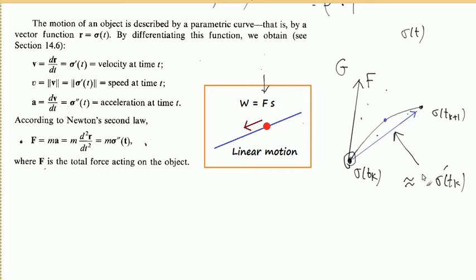What's a good approximation? We use that to calculate the arc length. This was delta t_k. Delta t_k is a time interval in there, right? If you multiply by the time interval, think about how this one is defined. This one is defined by sigma of t_(k+1) minus sigma of t_k, divided by delta t_k.